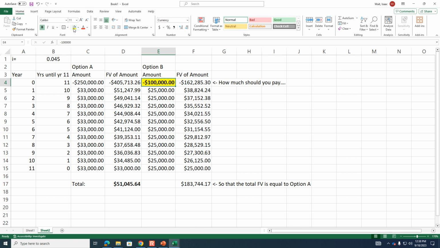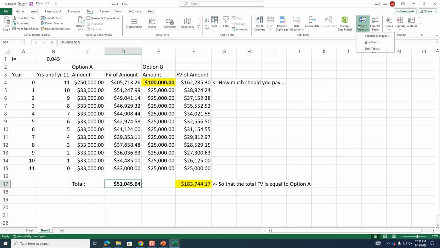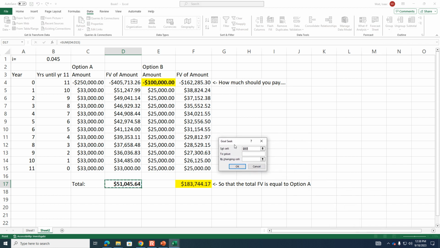This is the unknown that we're going to be playing around with. We just guessed 100,000. It's not 100,000. That was just taken out of thin air. But we want this to equal 51,045. So if we go to What-If Analysis, which is on the Data tab, Goal Seek, my goal is for this to equal 51045.64 by changing the cell, which is the purchase price.